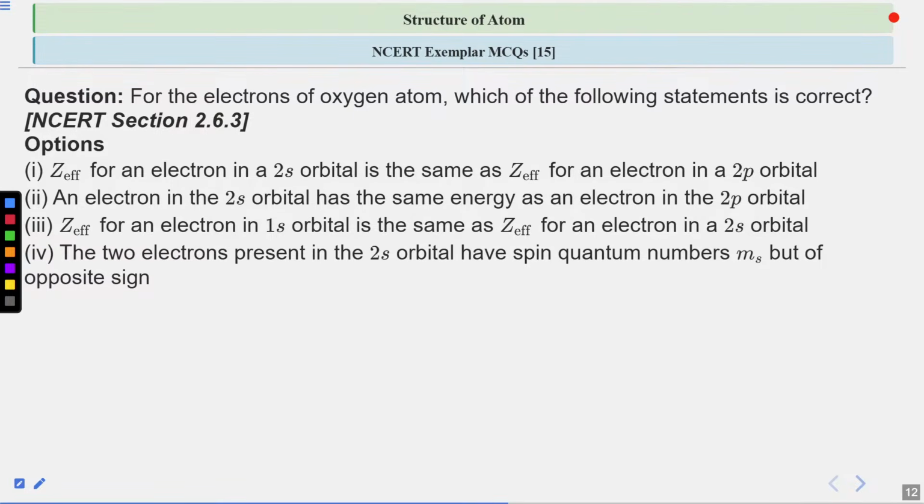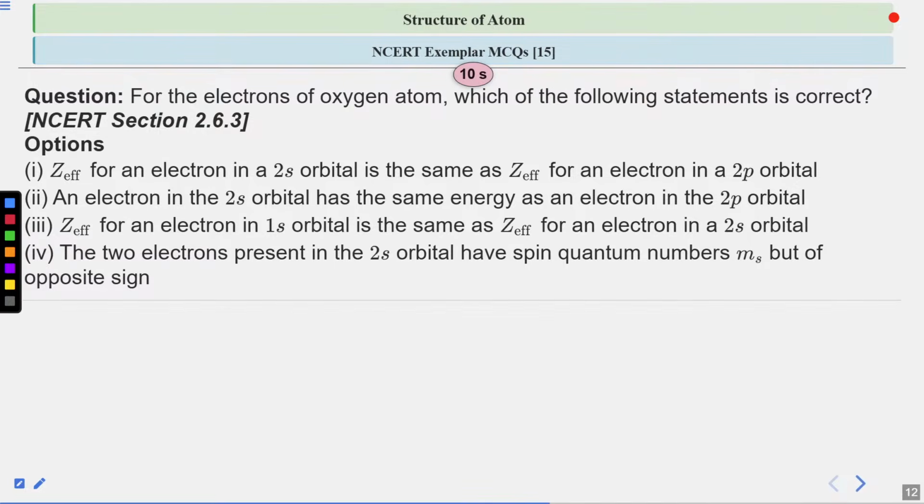Third, Z effective of an electron in the 1s orbital is the same as the Z effective of an electron in the 2s orbital. Fourth, the two electrons present in the 2s orbital have the same spin quantum number ms but of opposite spin sign.